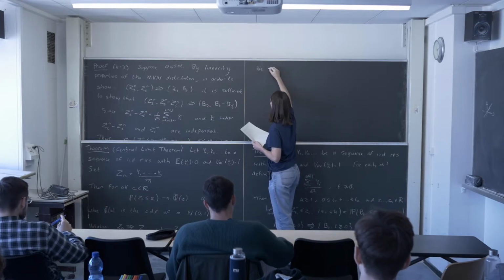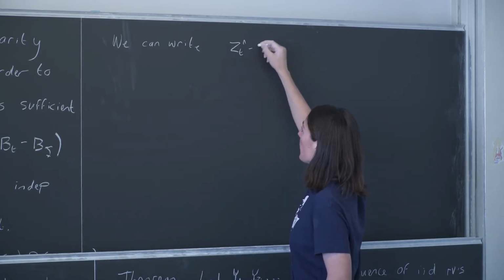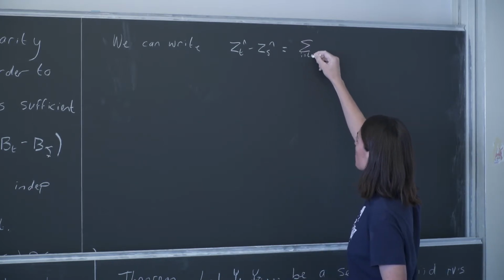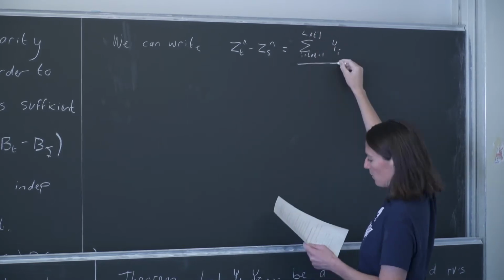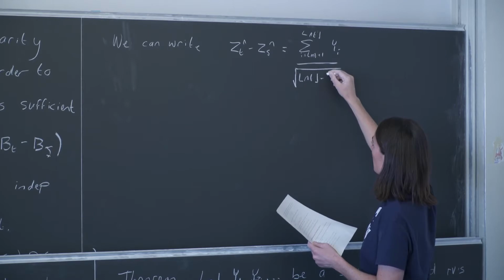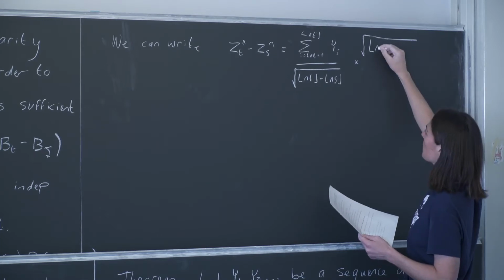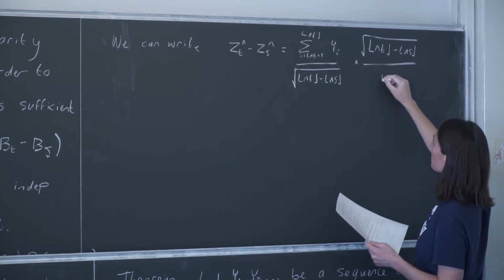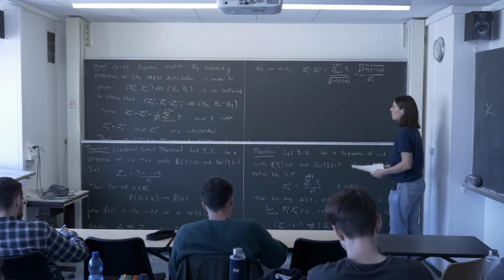So we can write Z_T^N minus Z_S^N as the sum from i equals floor of ns plus 1 up to nt of the Yi's divided by the square root of the floor of nt minus floor of ns, times the square root of floor of nt minus floor of ns divided by the square root of n. Okay, so all I've done here is divide by and multiply by the same term.